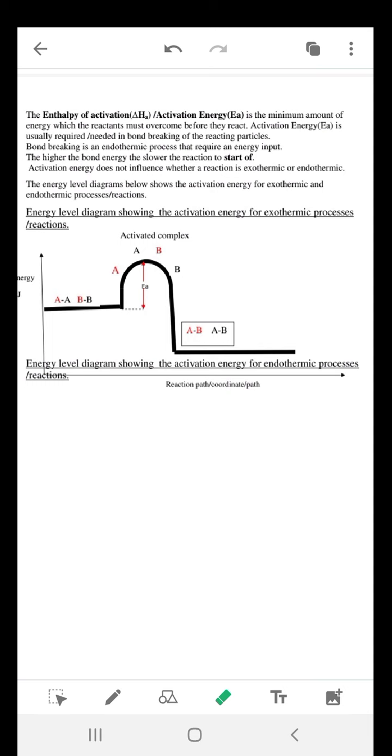Then after that, A reacts with B and another A reacts with B. So the process has taken place. Without this energy, the reaction cannot take place. So there must be this activation energy to break the bond so that the reaction takes place.